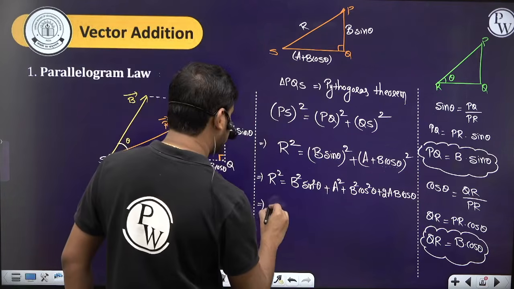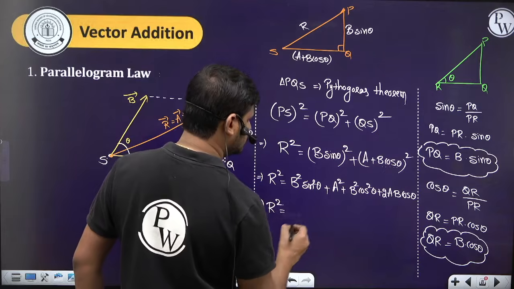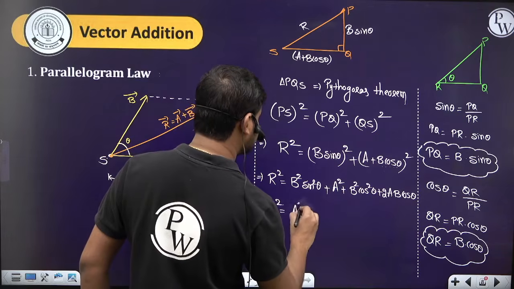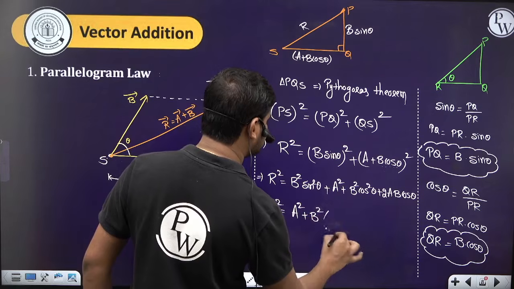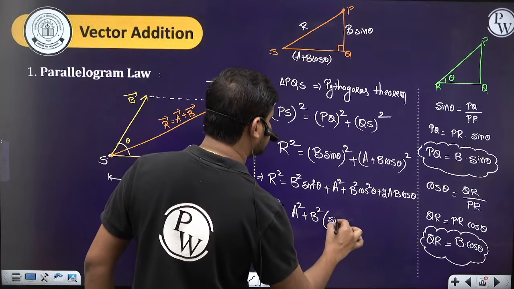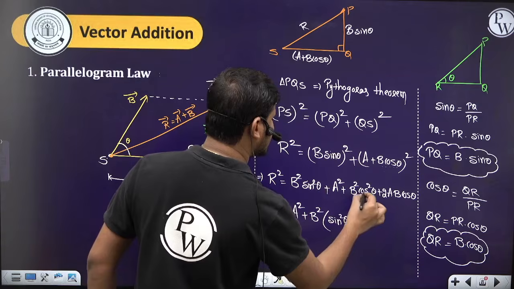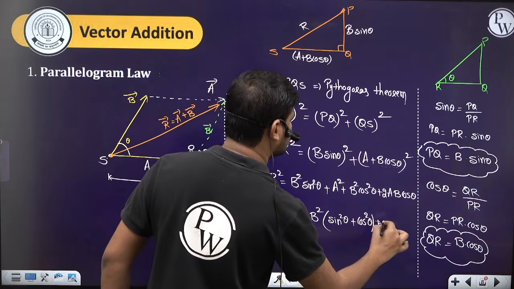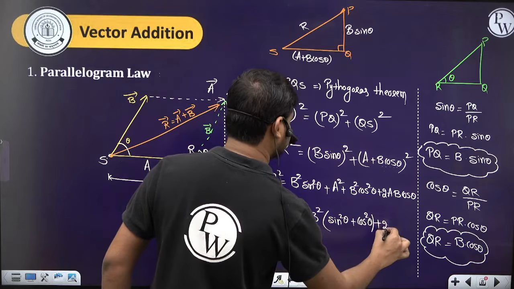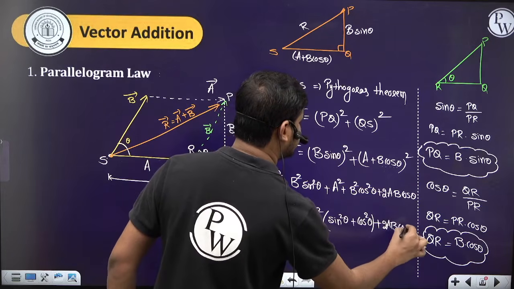So let's write A square at one place. Here B square is there, here B square is there. Let's take B square common, so sin square theta and cos square theta, right? Plus 2AB cos theta.